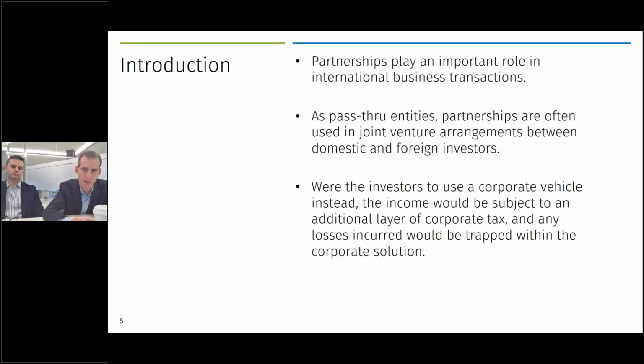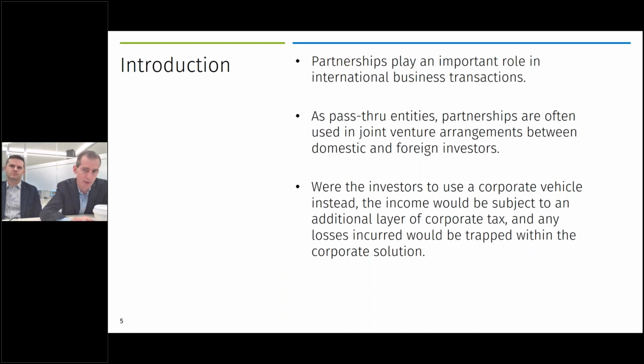Partnerships are obviously quite important in international business transactions. You see them come up all the time in cross-border planning. And I think the reason for that is really twofold. First, as we all know, partnerships are not tax-paying entities for federal income tax purposes. So all the income, gain, losses, and also foreign tax credits, for instance, flow up at the partner level, and it's taken care of at that level.